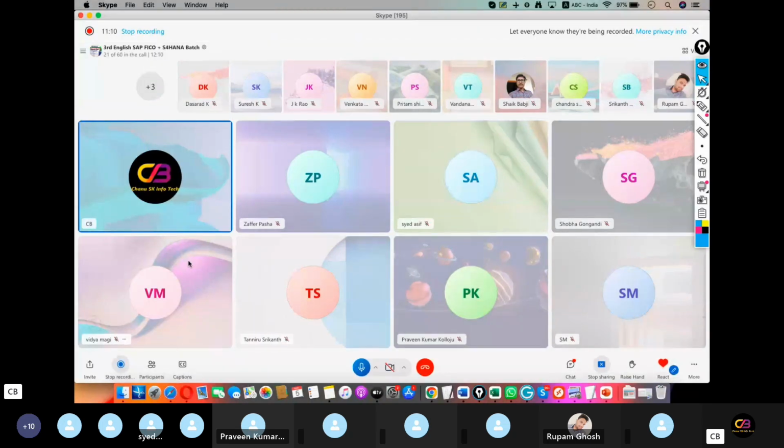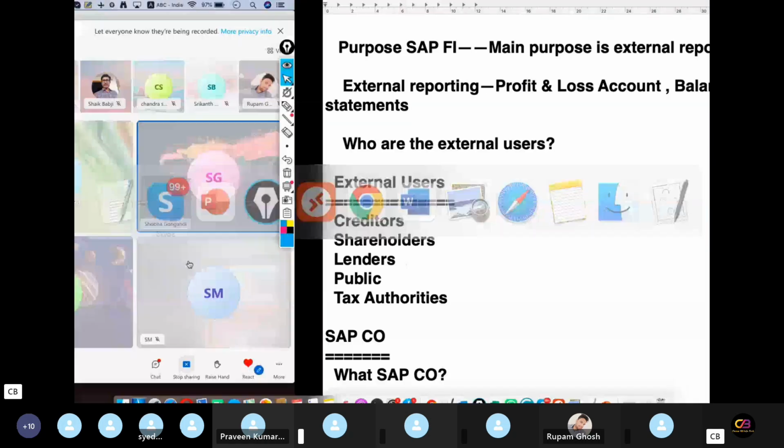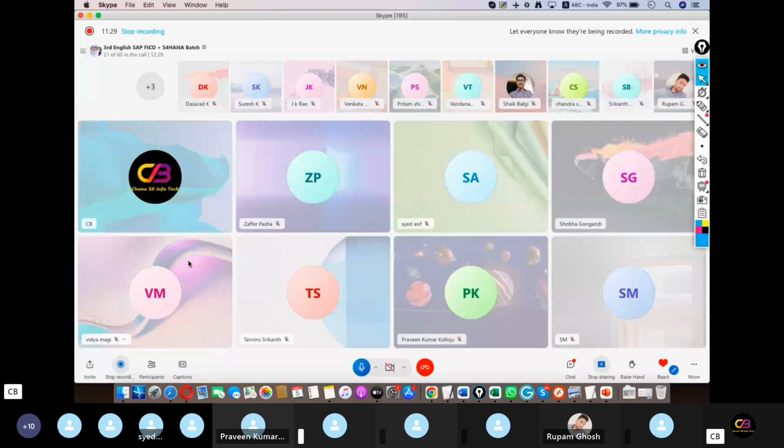Why CO is required? SAP CO. What is the purpose of CO? Tell me. How to control the organization, like financial wise.